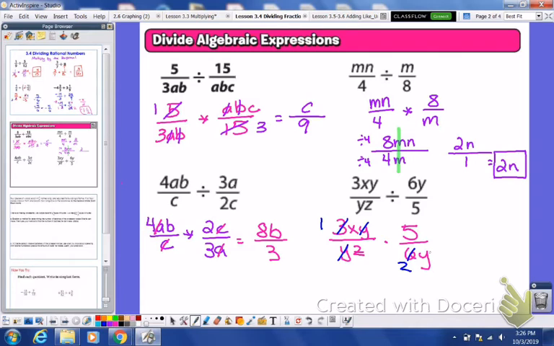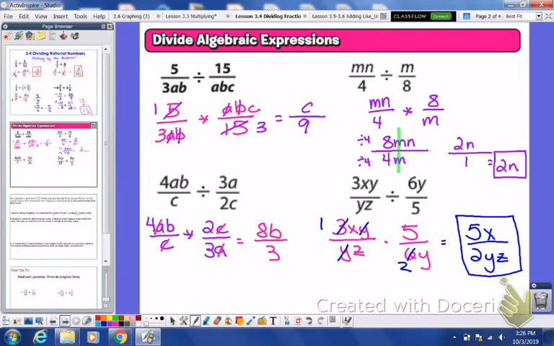You could have taken that y or this y, since they're both in the denominator, it doesn't matter which one you go with. So I have 1x times 5, which gives me 5x, over z times 2 times y, so 2yz. Now you could put 2zy, but I like to go alphabetical, so 5x divided by 2yz.